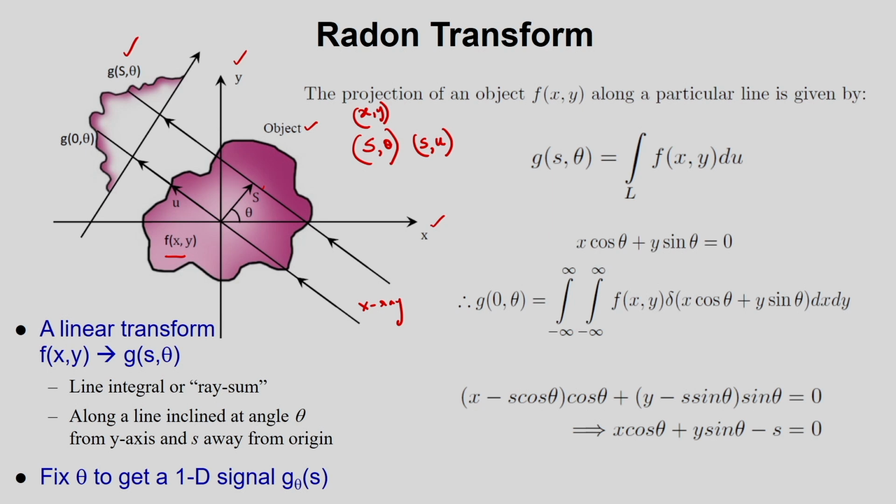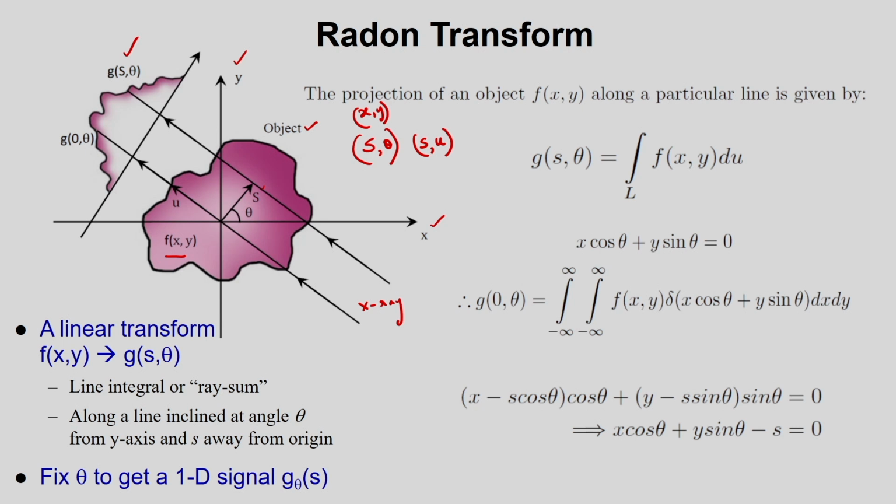It is a linear transformation, the projection from f(x,y) to g(s, theta), considering a particular angle, the angle theta. At a particular angle theta I am determining g(s, theta), the projection. That means I am getting one projection. If I change theta, then I will be getting another projection. So like this I can get a number of projections.